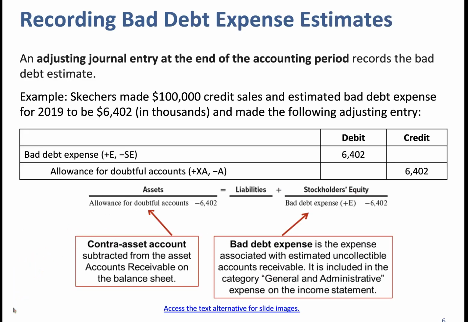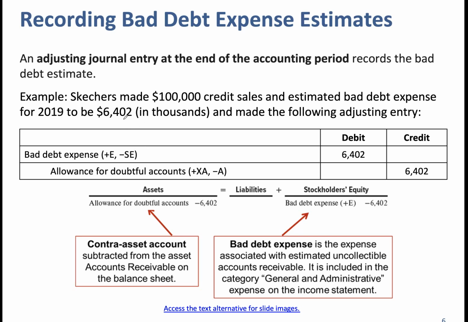Let's take a look at this example. Assume that Skechers made $100,000 in credit sales and also estimated the bad debt expense to be $6,402. All the numbers are in thousands, but I interpret them in dollars for simplicity. So the company, when recognizing the revenue during the period, has to recognize the expense related to the estimated bad debt.